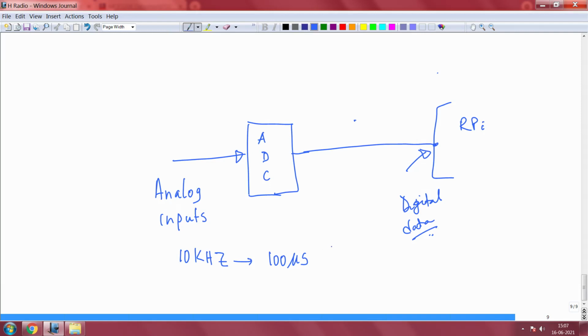Now, let us say an ADC specification provides 112 microseconds. Let me organize this slide a little better. I will take a new sheet, so let us start here.